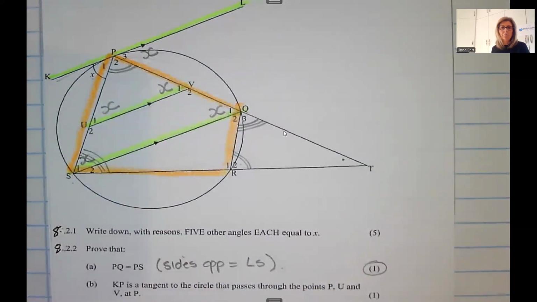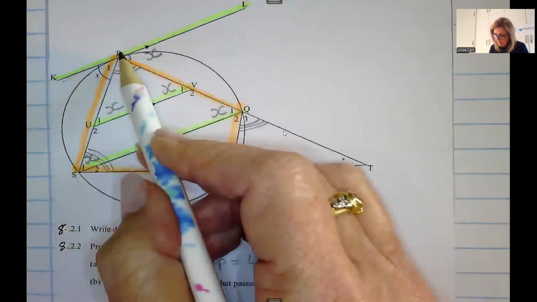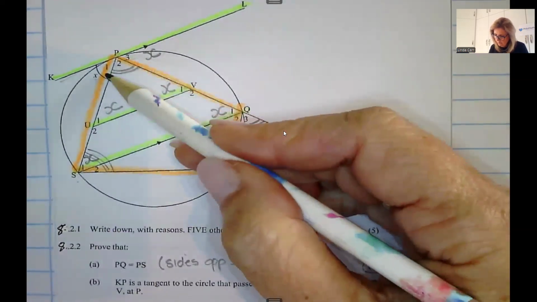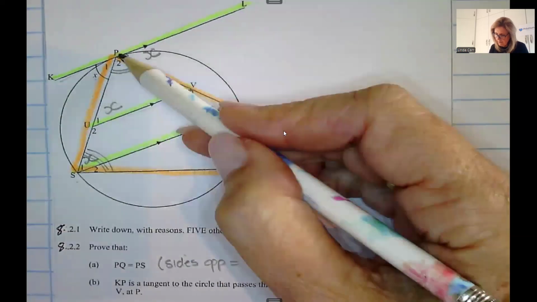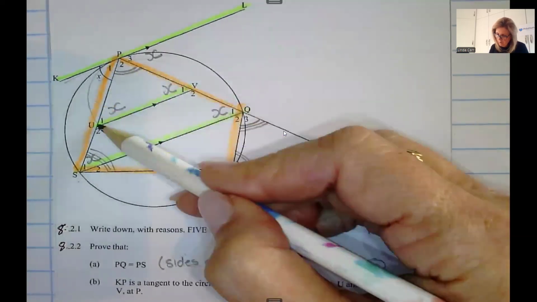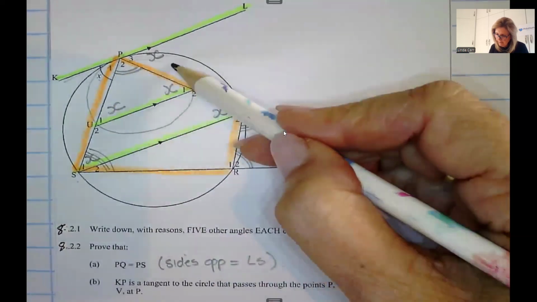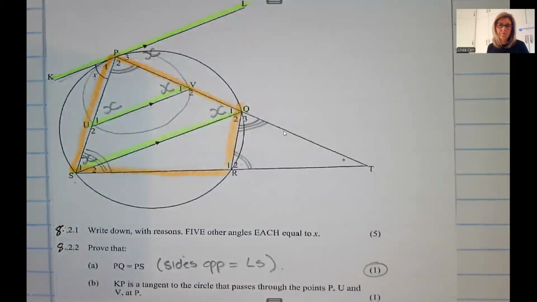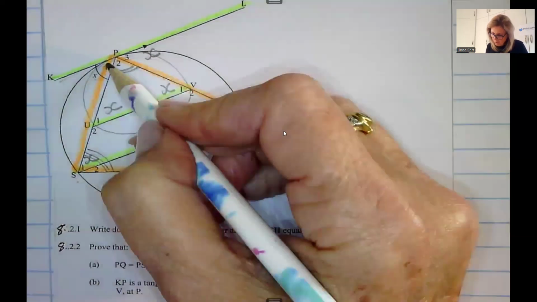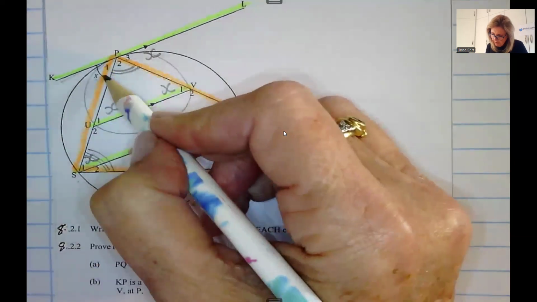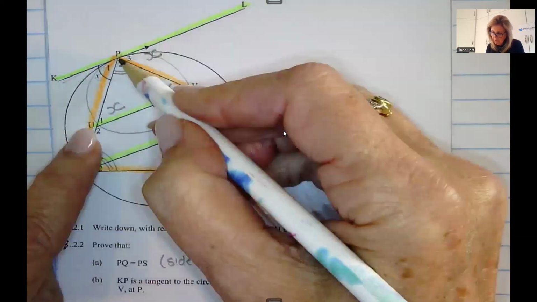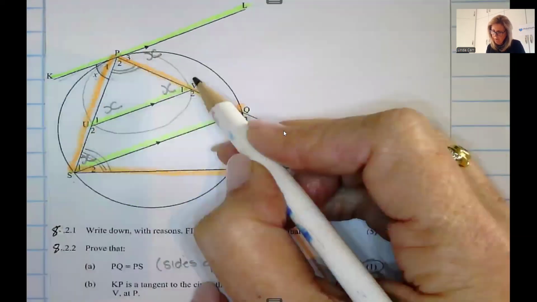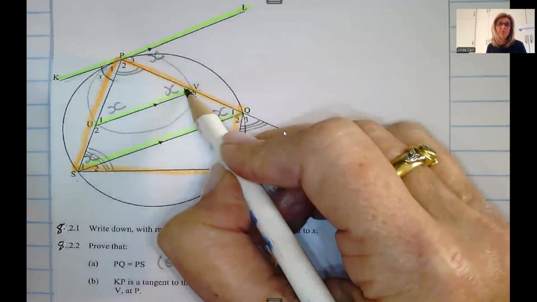Also for 1 mark, prove that KP is a tangent to the circle going through P and U and V. So if there was a circle here, prove that KP is the tangent. Well, that's okay because we've got the angle between KP and PU, that's angle P1, is equal to angle V1. That's already proved.